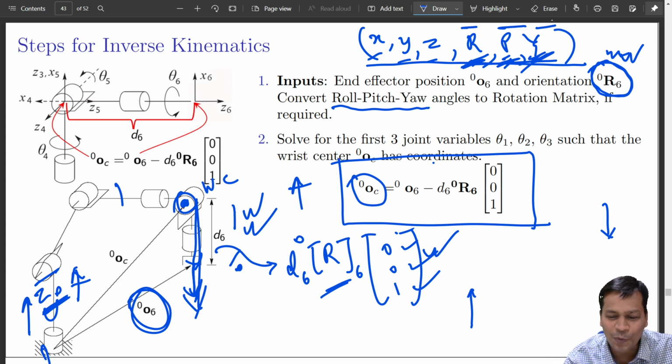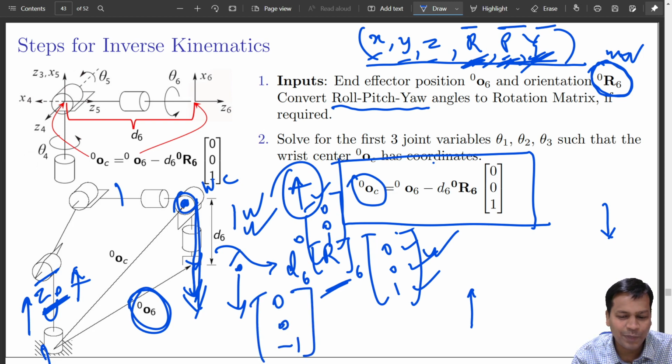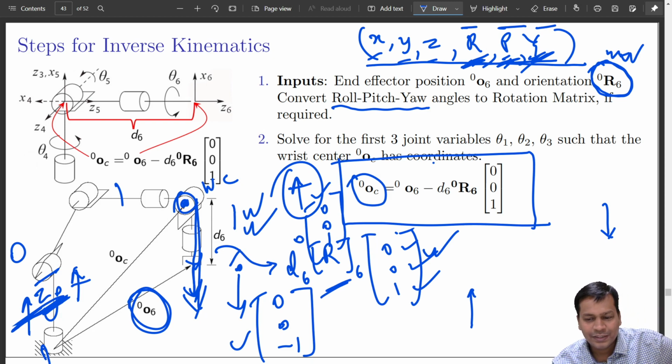So home position is always like this. If it is like this, the projection is 0 0 1. If it is like this, it will be 0 0 minus 1. But it is not like this. Home position is always like this. That is aligned with Z0. Got it? So yes, now we'll move ahead.